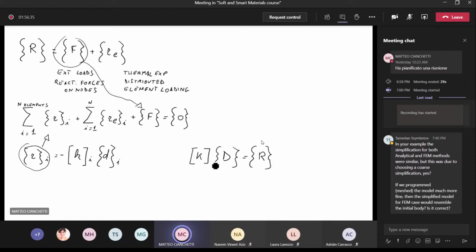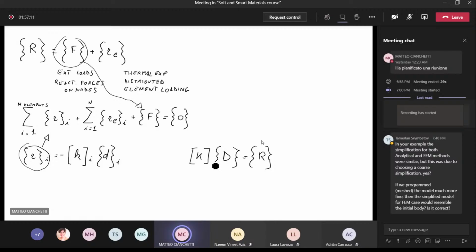Okay? This should also, in a way, clarify the use of R capital letter, and lowercase letters R E and F. It should be clear that in a way we are summing the contribution of all the elements, right? And this is exactly what is done also to define our global stiffness matrix.